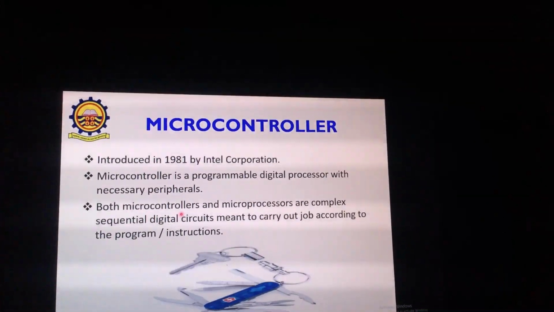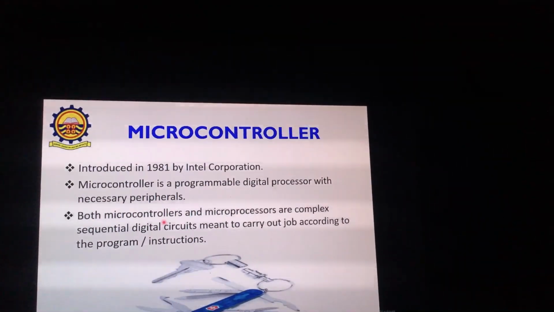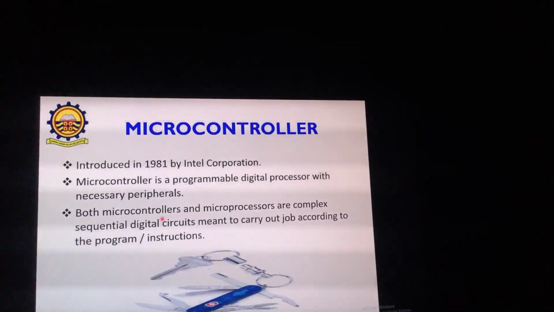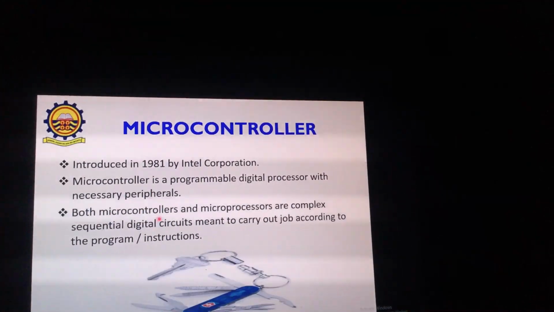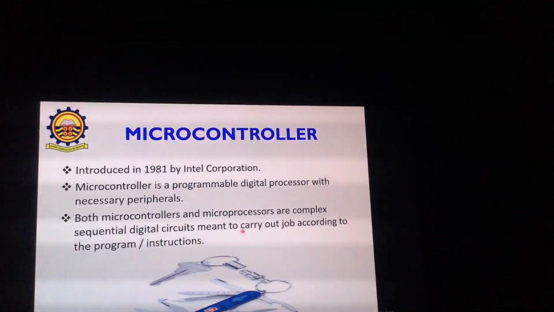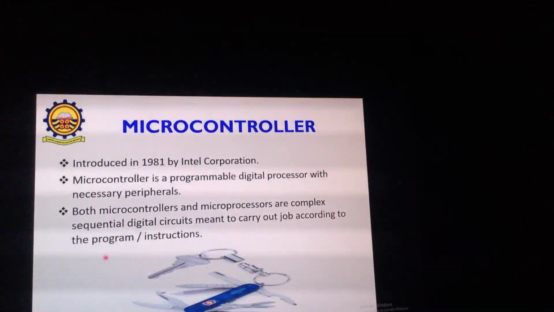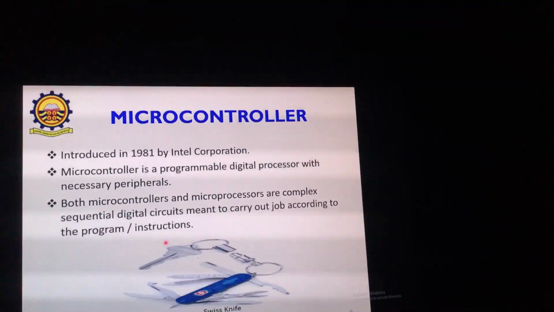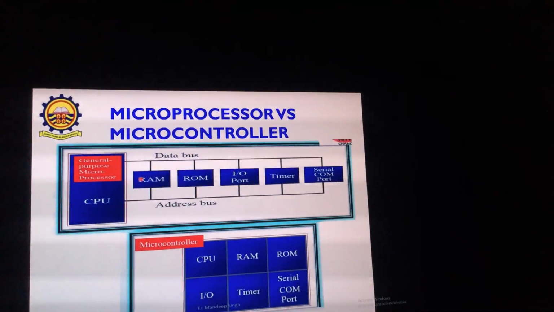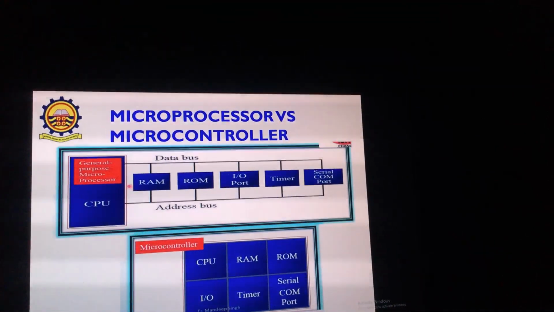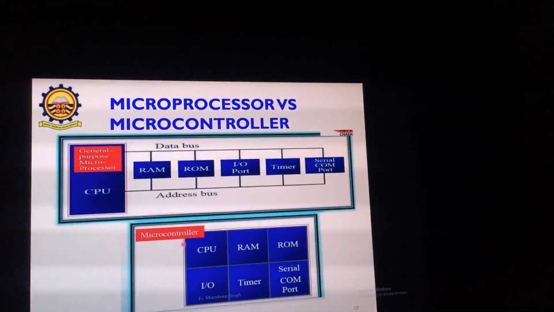Peripherals in the sense that we have both microcontrollers and microprocessors, and they are very complex sequential digital circuits meant to carry out jobs according to the program or the instructions given to them.